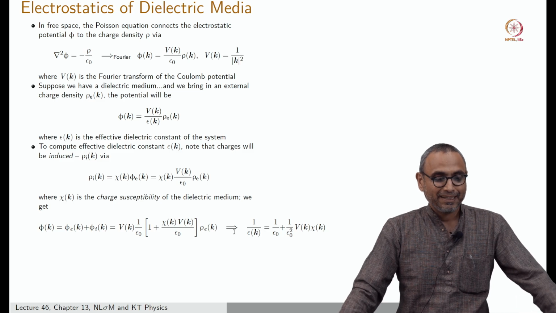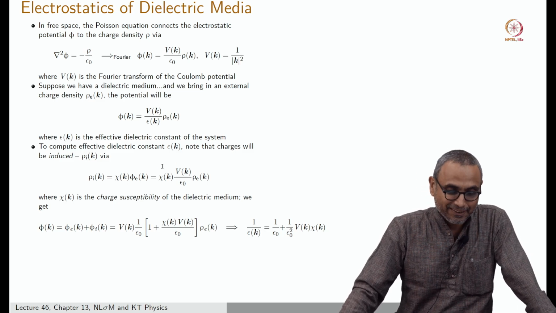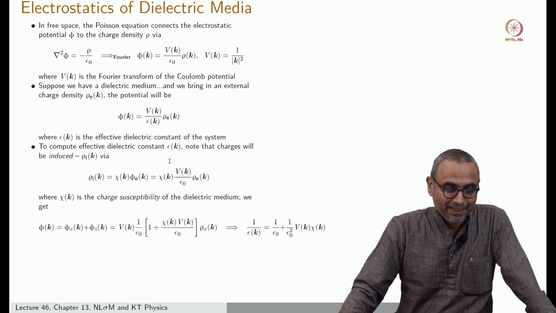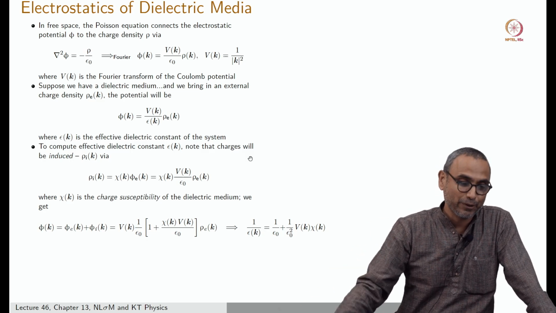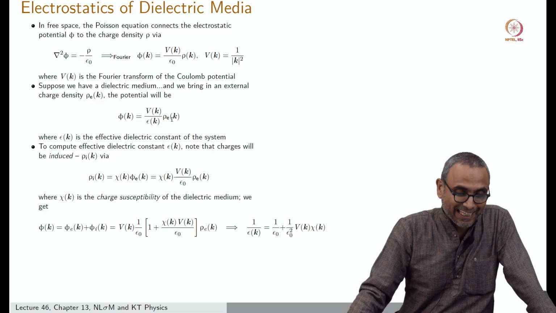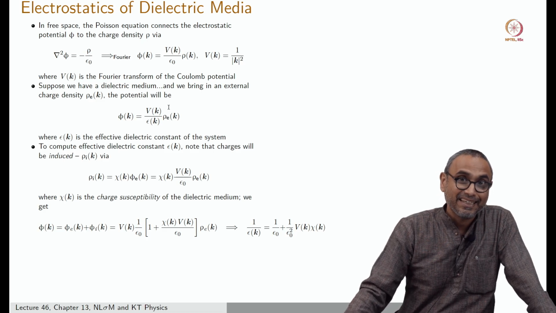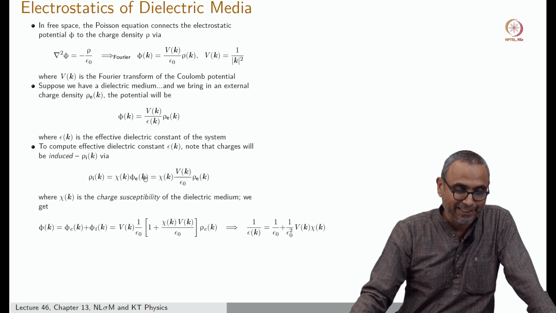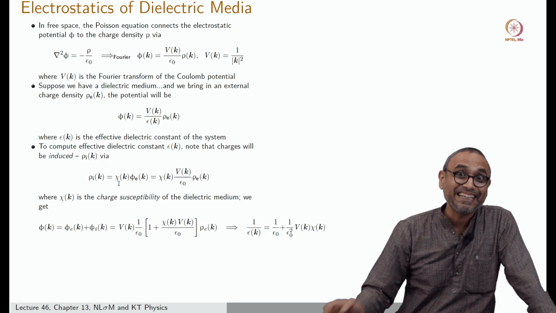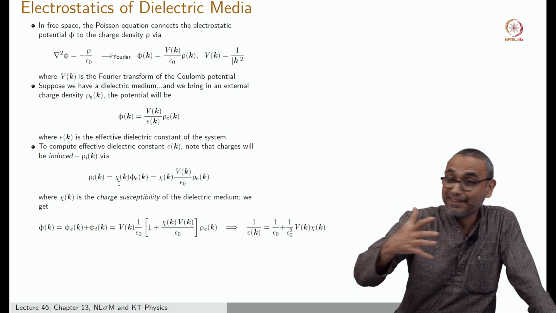Okay. So to compute this effective dielectric constant, we will note that charges will be induced. How will the charges be induced? Well, associated with this external charge density, there is an external potential that is given by just the usual Coulomb kernel. This external charge will produce this potential. And chi k is the susceptibility of my dielectric system.